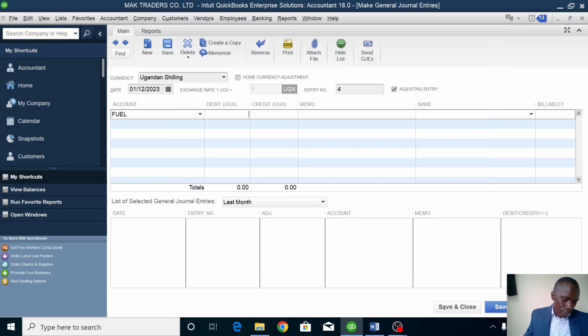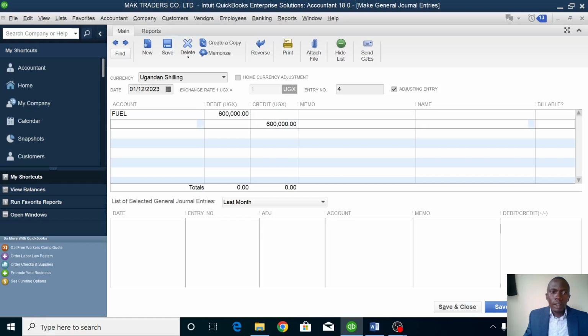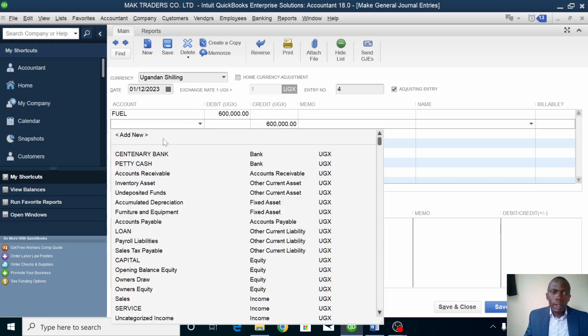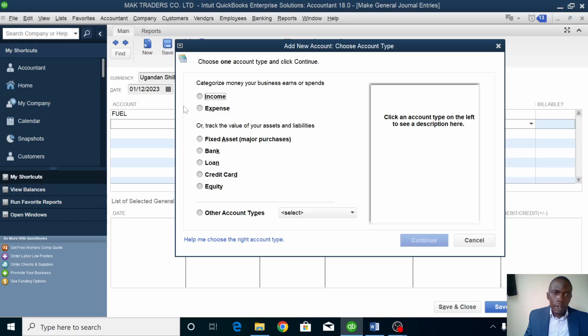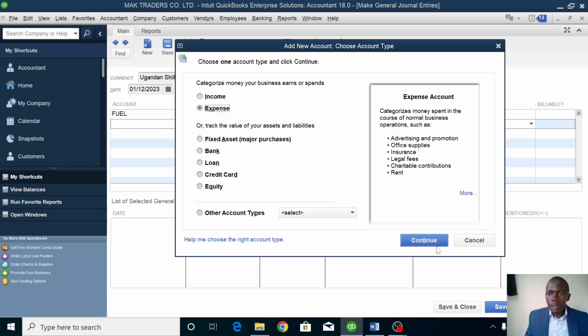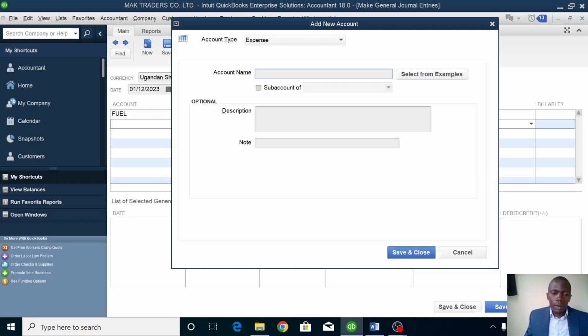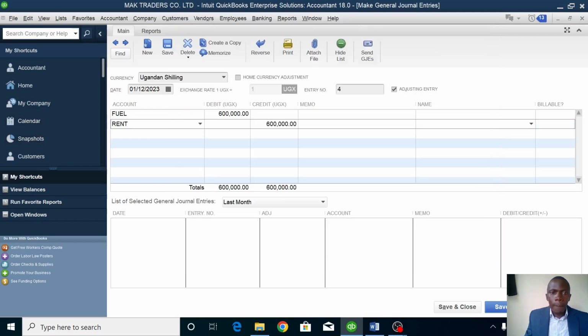The amount on fuel was 600,000. Our next expense is rent. It is under expenses. Say rent. We save and close. The amount for rent was 200,000.